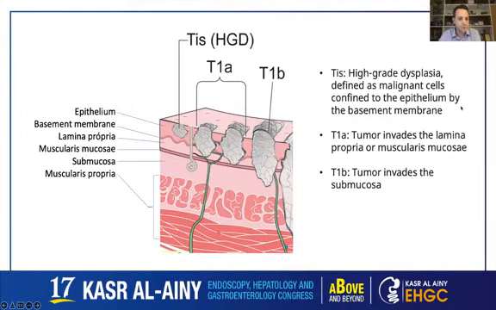Those tumors that go beyond the basement membrane and invade the lamina propria are classified as T1a. So T1a invades the lamina propria or muscularis mucosa. Those that go beyond the muscularis mucosa are classified as T1b, invading the submucosa.